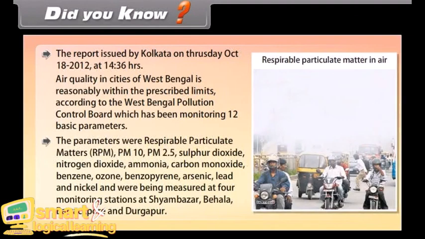The parameters were respirable particulate matter RPM, PM10, PM2.5, sulfur dioxide, nitrogen dioxide, ammonia, carbon monoxide, benzene, ozone, benzopyrene, arsenic, lead and nickel, and were being measured at 4 monitoring stations at Shambazar, Behala, Barakpur, and Durgapur.